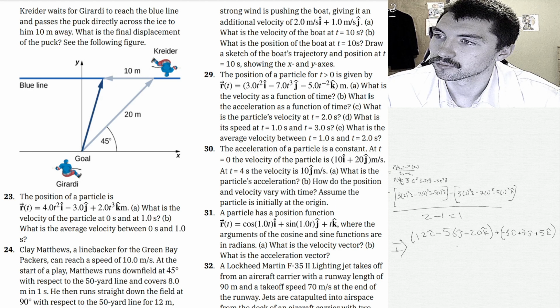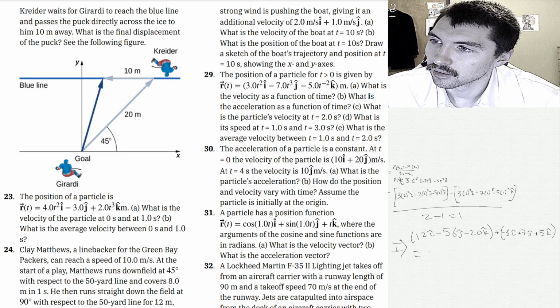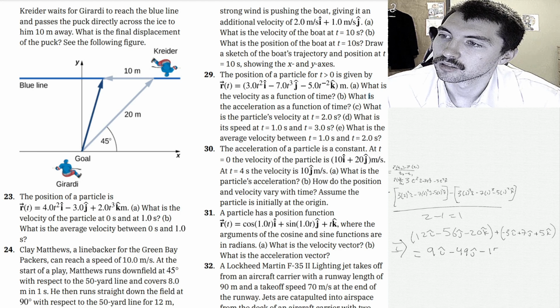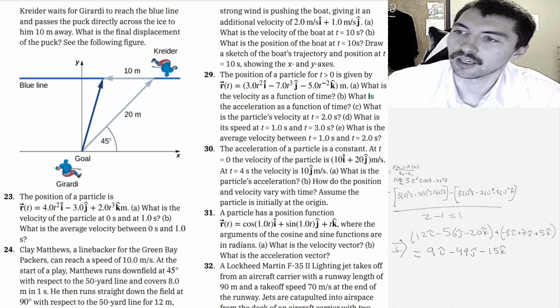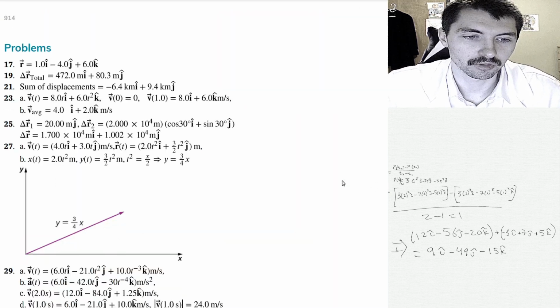So that's going to be our final answer: 9i minus 49j minus 15k. All right, drum roll. See what the book got.